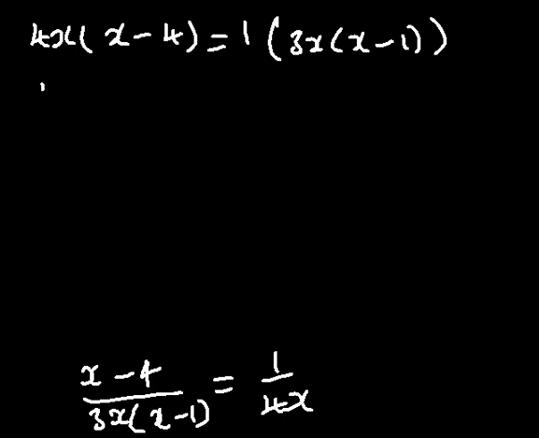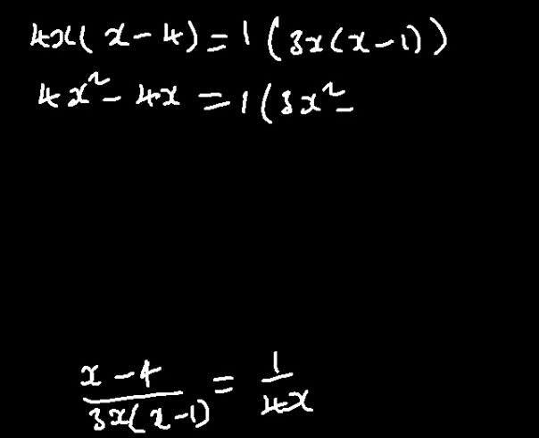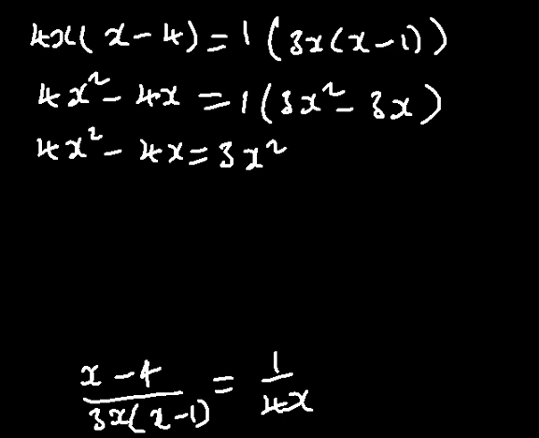That is the same as 4x squared minus 16x, which is equal to, distributing 3x inside, 1 times 3x times x, that is 3x squared, and 3x times negative 1, that is negative 3x. So we have 4x squared minus 16x equal to 3x squared minus 3x.